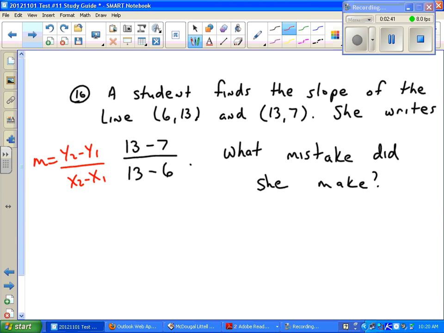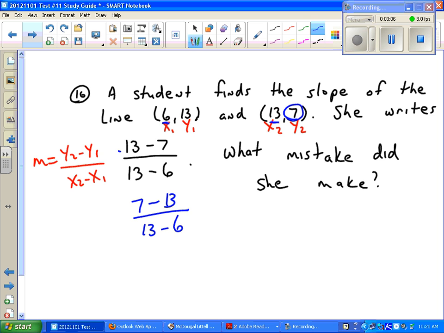But as she labeled her points, x sub 1, y sub 1, x sub 2, y sub 2, she would have noticed that her y sub 2 value is 7. So she should have had 7 minus y sub 1, which is 13, over her x sub 2 value, 13, minus her x sub 1 value, 6.